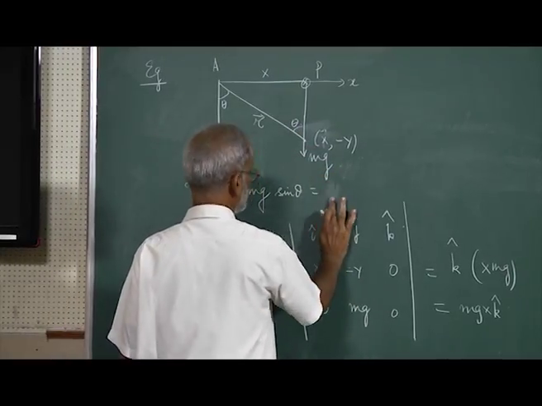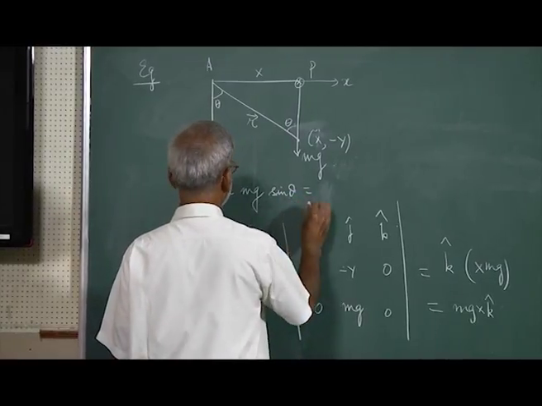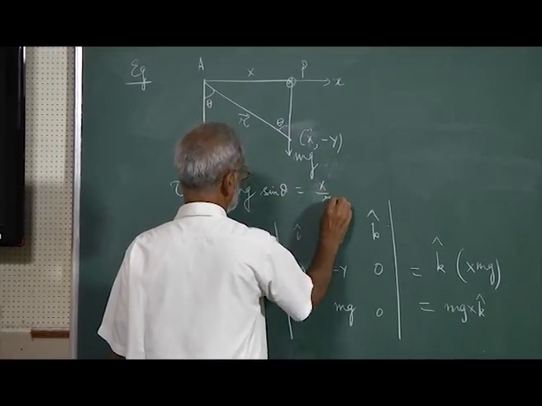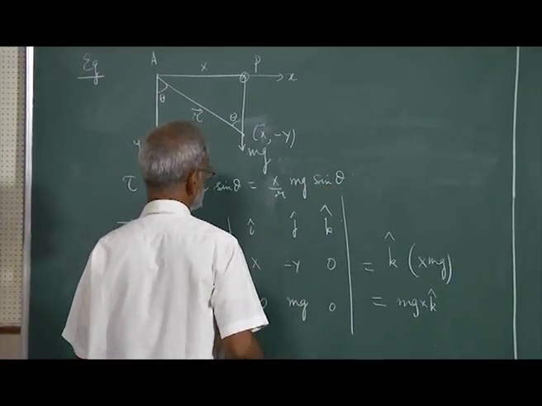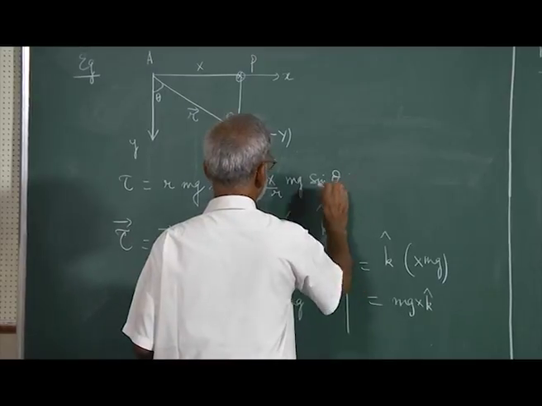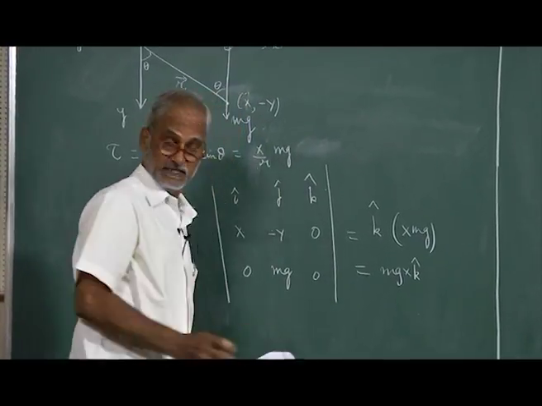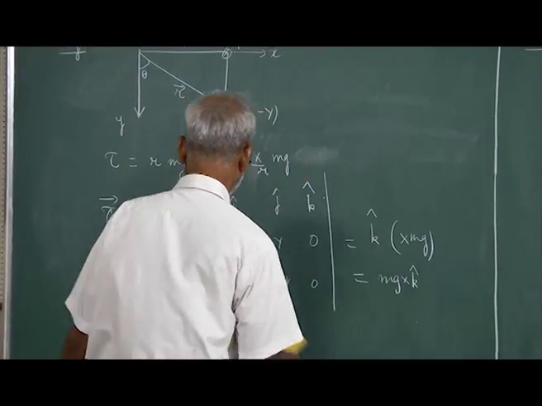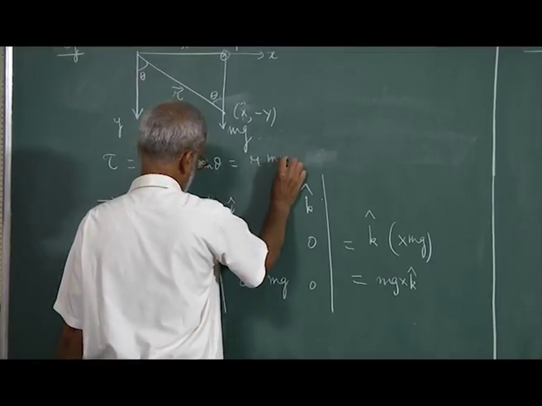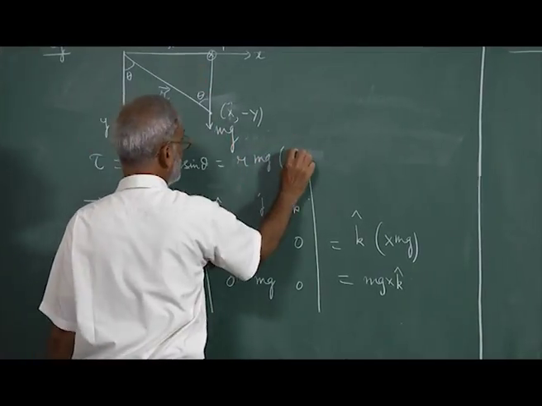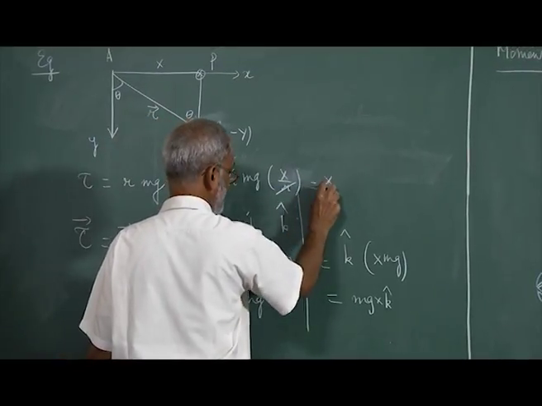Tau is r into mg into sin theta, where sin theta is x by r. I am making some mistake, I will correct it, it's not a big deal. R into mg into sin theta, with sin theta being x by r. R and r will cancel. So I will have x mg.